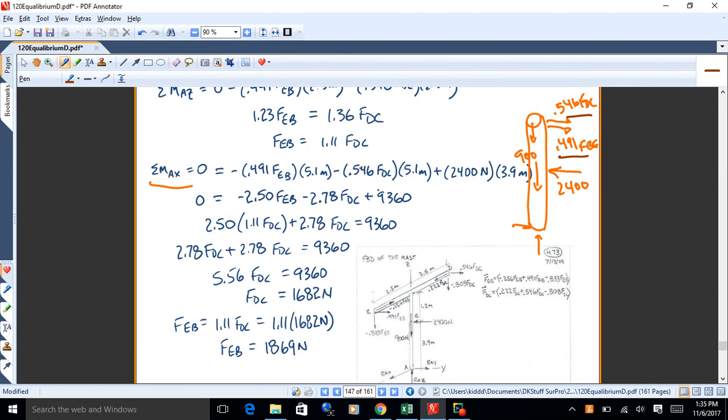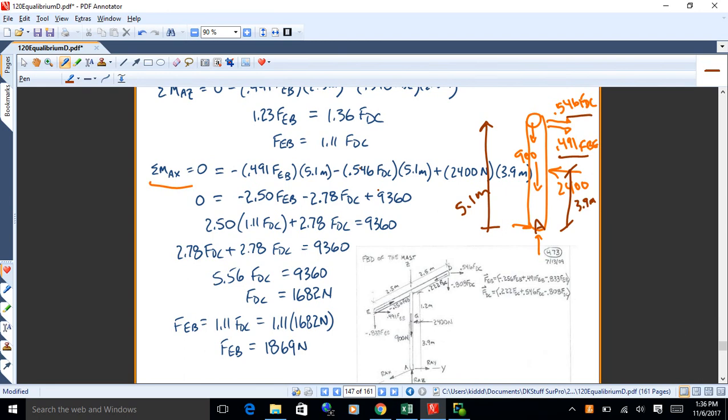So we've got both the 0.491 FEB and the 0.546 FDC times that dimension from the A up to the top of the mast, because that's where they are. And they're clockwise, so they're negative. And then I've got the 2400 times 3.9 meters, because it's applied down there.